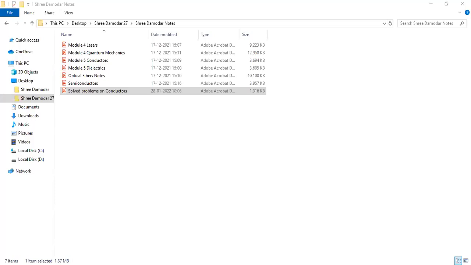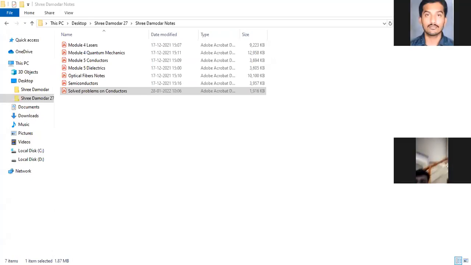Since it is exponential, you have to take the natural log. Therefore the equation will become ln of f of E plus, using log of mn equal to log m plus log n, I consider f of E as m and e power (E minus EF) by KT as n. Log of m into n will be log m plus log n.